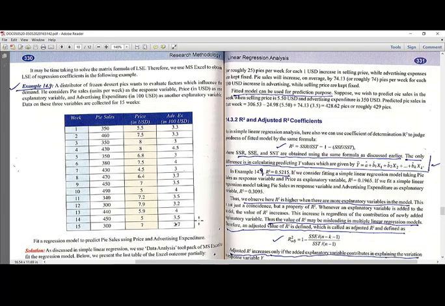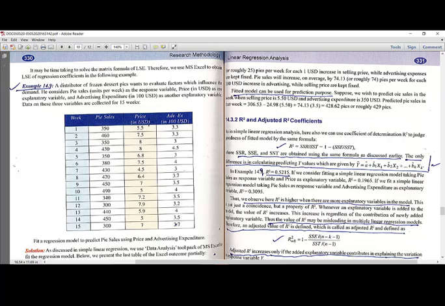So here, this example contains a 15-week time period, pie sales, and then price and advertisement expenditure.